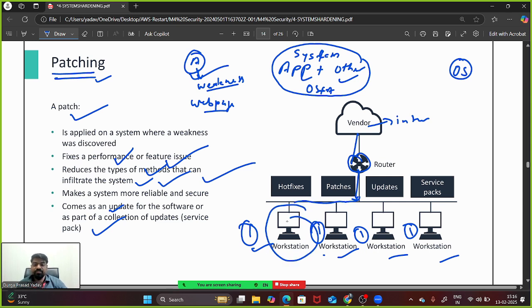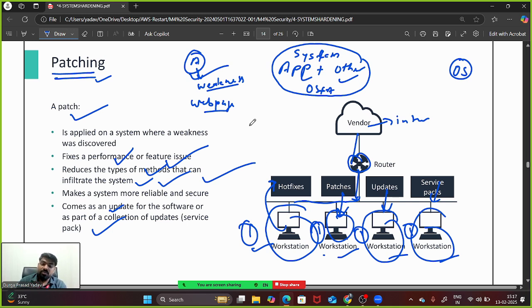This workstation problem you are fixing with hot fixes. Here in this workstation you are applying patches to fix it. Here in this application you are applying updates to fix it. Here in this workstation you are applying some service packs to fix it. So you can see there are separate systems, and it is not necessary that separate systems have separate problems.